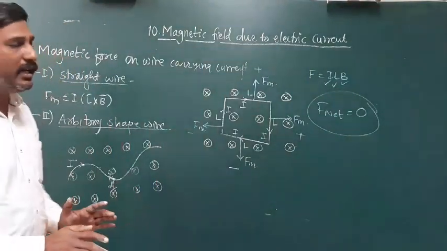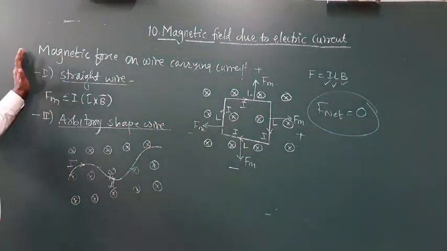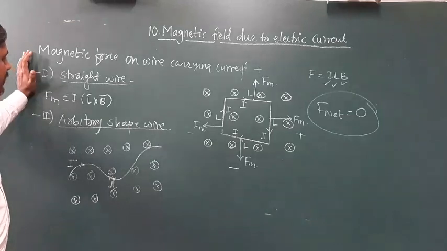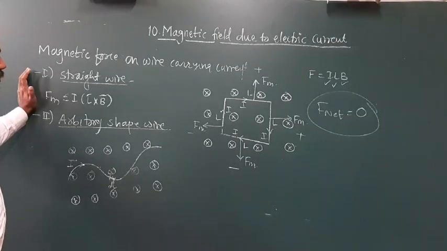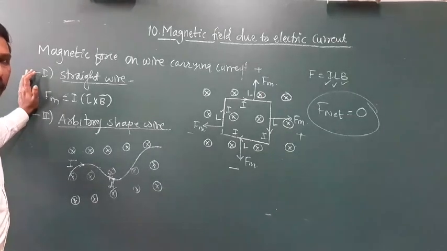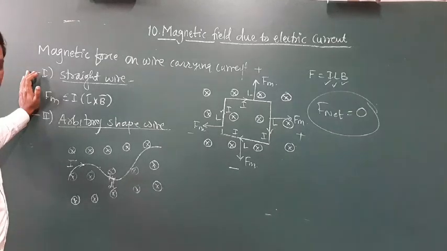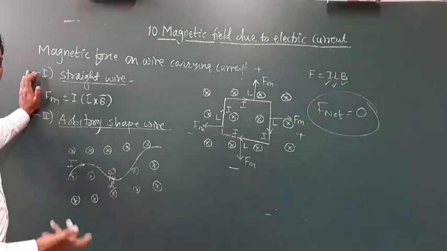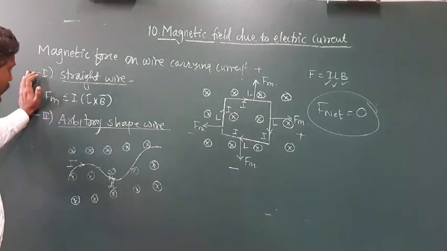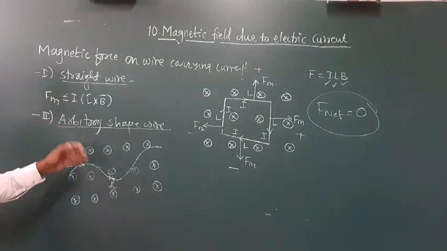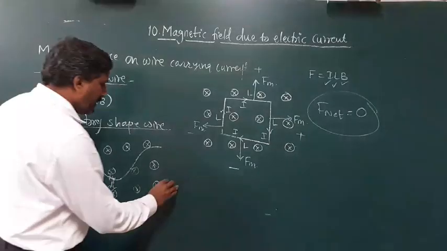So in today's article, we discussed magnetic force on a wire which carries current. If the wire is a straight wire, then the magnetic force is given by ILB sin theta, or I (L cross B). And we also have to see how to find the direction. For an arbitrary shaped wire, the force is given in this way.